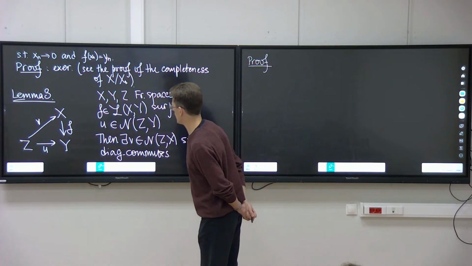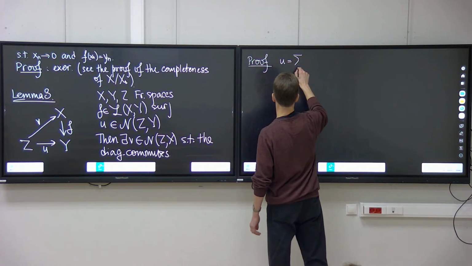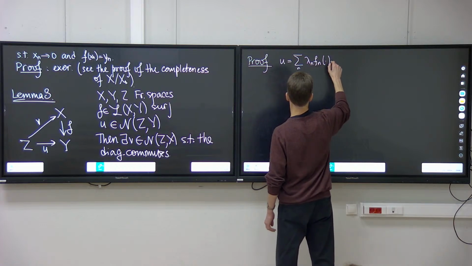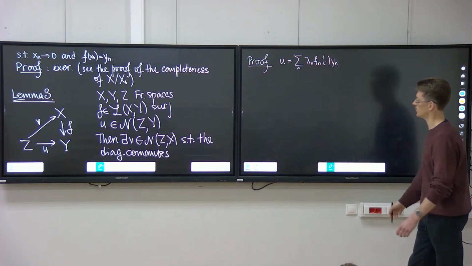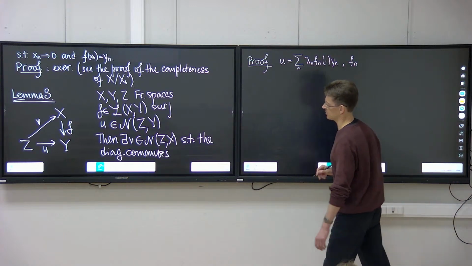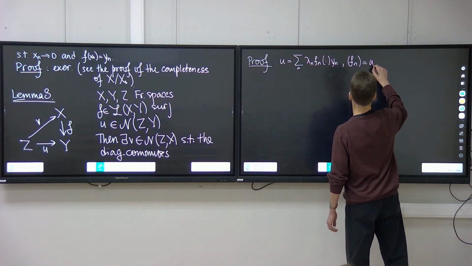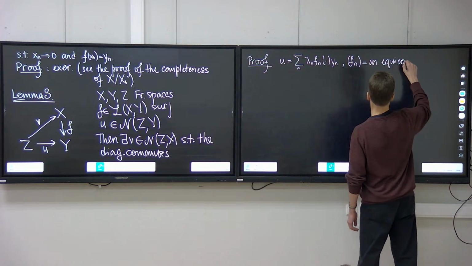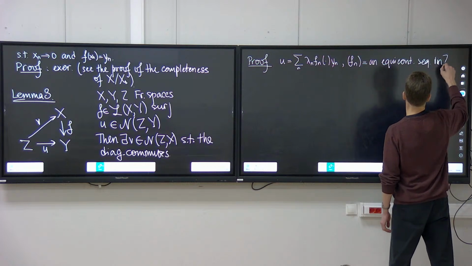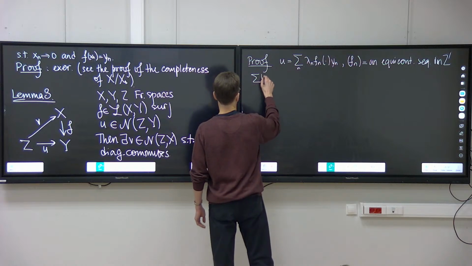Okay, so u is nuclear, so we can write u as the sum of the following series: lambda_n f_n y_n, the sum of a series of rank 1 operators, where f_n is an equicontinuous sequence of linear functionals on Z, an equicontinuous sequence in Z prime, lambda_n is an absolutely convergent series of numbers.